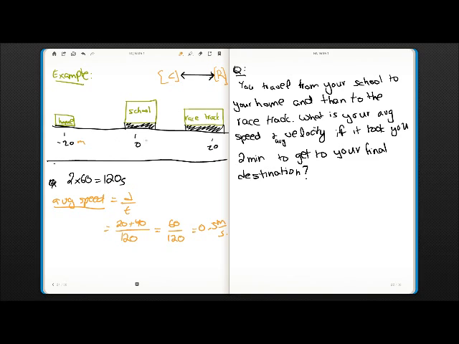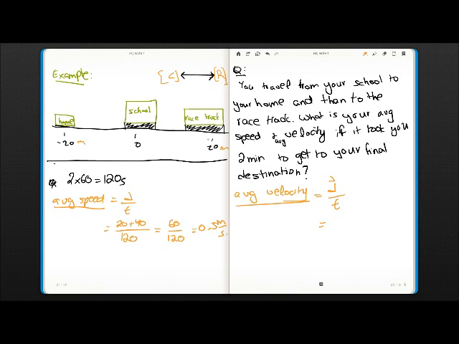This is in meters. Also, I forgot to tell you that you have to make an origin. In this case, I made the school the origin, but you can also make the home the origin, and that will make the school 20 and the racetrack 40. It doesn't really matter. So for average velocity, we need to find the displacement, which is the change in position.